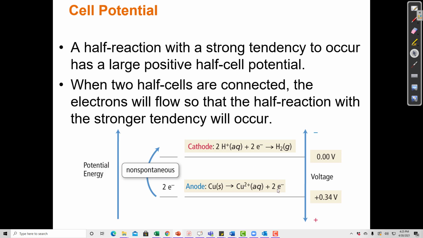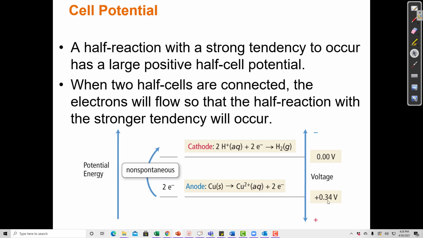So here we have a reduction potential of plus 0.34 volts, which means copper solid going to copper 2 plus, or plus 2 electrons. This has a reduction potential of 0.34, and this cathode has a reduction potential of 0.